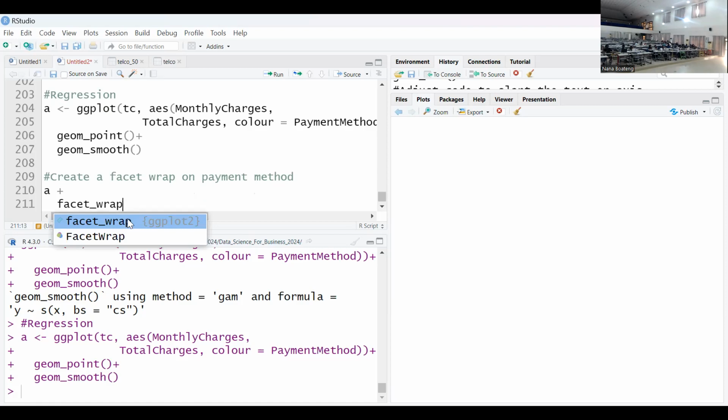And then you use the tilde. Okay, you see this sign, tilde, like that. Okay. Payment method.